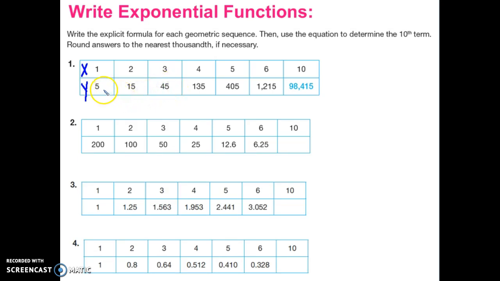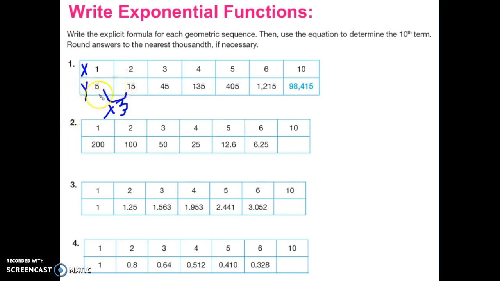In chapter 1, we noticed that when you went from one term to the next term and you were multiplying, in this case, multiplying by 3, that was how we figured out that it was considered an exponential equation.